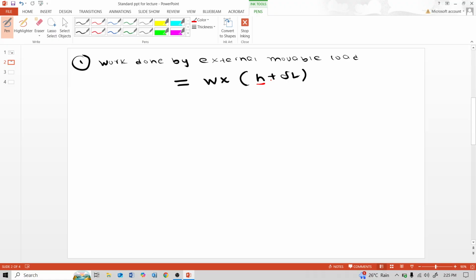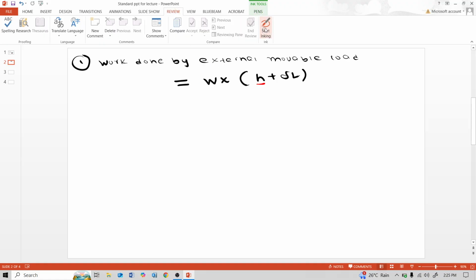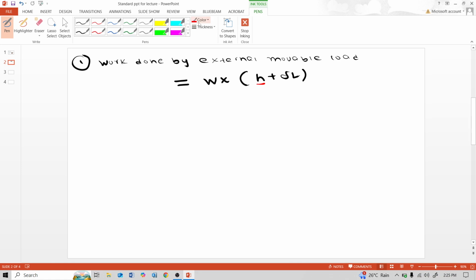Now, we all know that strain energy is equal to the work done by the external load. The strain energy and work are equivalent. The strain energy formula is sigma square upon 2E multiplied by volume.